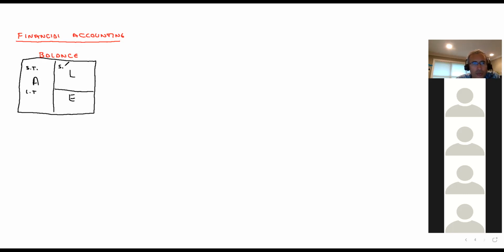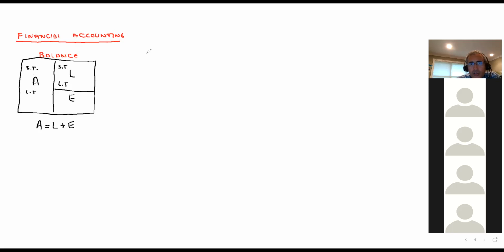Liabilities the same: short-term, and then long-term, and equity. What is interesting about this balance, guys, and this is the trick of everything, is that this is an identity. Assets must be equal to liabilities plus equity, okay? It's not like econometrics that has an error. No, it must be equal, got it? And that's the main identity we're going to be using.